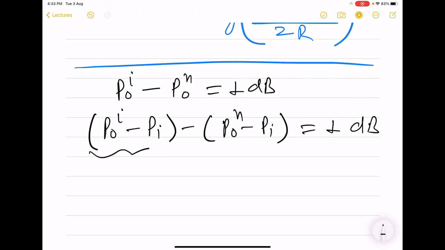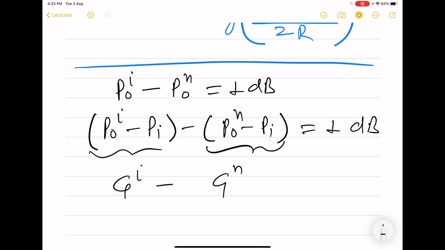Here we have output minus input power for the ideal case, that means this becomes the gain for the ideal amplifier, and this is output minus input for the non-ideal amplifier, that means this becomes the gain for the non-ideal amplifier.